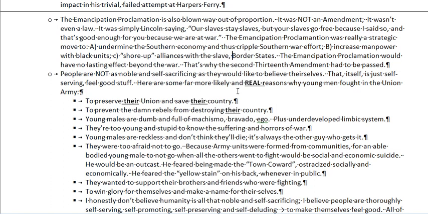You've got to get away from this fairy tale stuff: to preserve their union and save their country, to prevent the damn rebels from destroying their country. Young males are dumb and full of machismo, bravado, ego, especially when they get together. I was like that. You do some crazy, stupid stuff because you get with your buddies, and you're all bragging and telling these big epic stories.